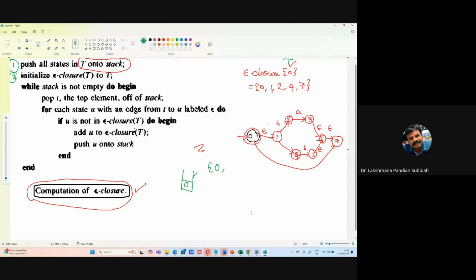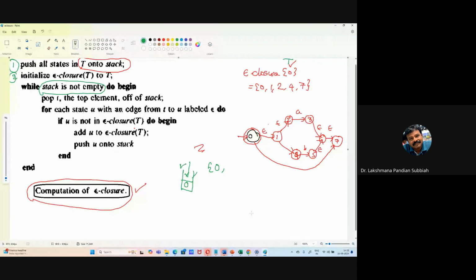Then what we have to do is, while the stack is not empty, now the stack has 0. While the stack is not empty, in the stack we now have 0 easily, right? Now pop t, you have to pop t, the top element of the stack, which currently is 0.